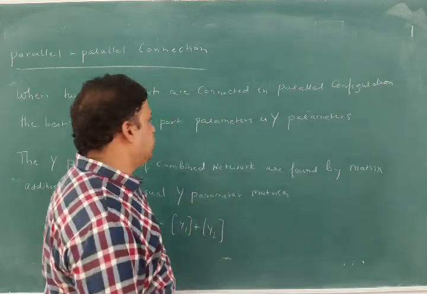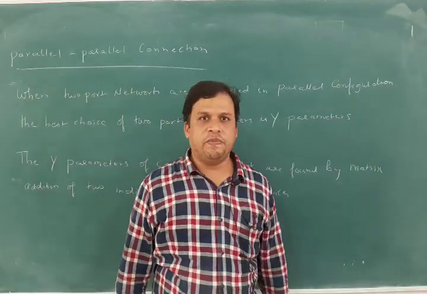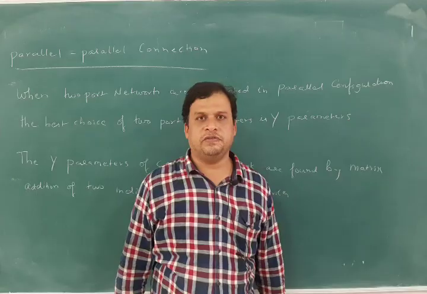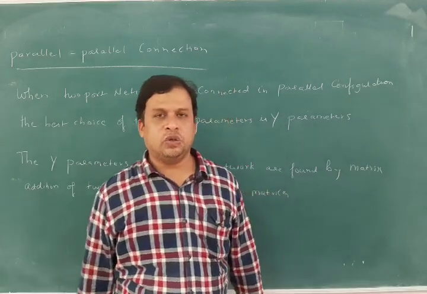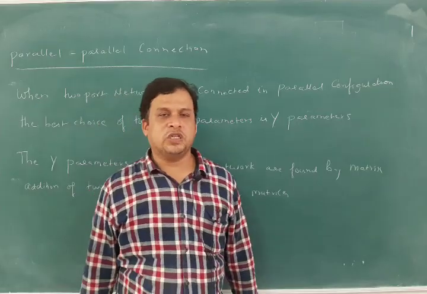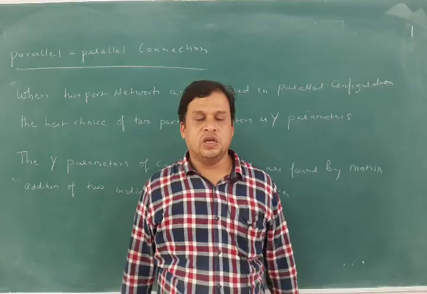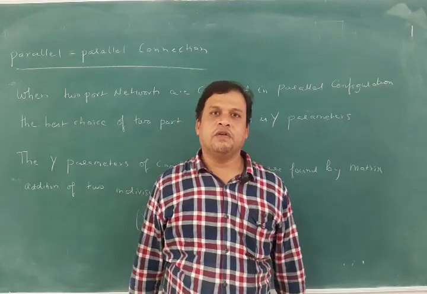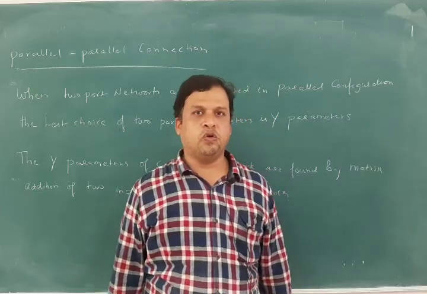If you go for a parallel combination of two port networks, then Y parameters are the best choice. Why? Because in parallel the current will be dividing while the voltage remains the same. So admittance parameters are more suitable for the parallel connection of two port networks.